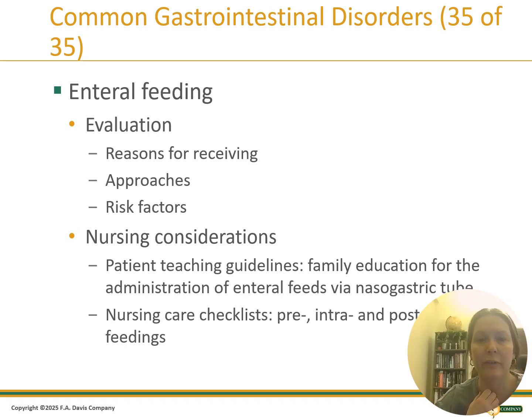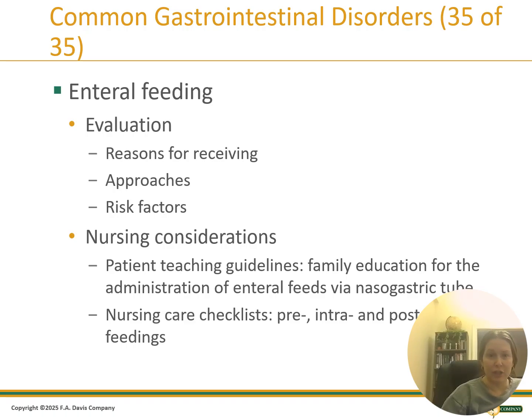So we have our enteral feeding. When our child's unable to meet their nutritional needs orally, they'll be evaluated. So selecting the feeding approach, whether that's going to be nasogastric or something more surgically placed, assessing risk factors like aspiration, tube displacement, infection, any intolerance.